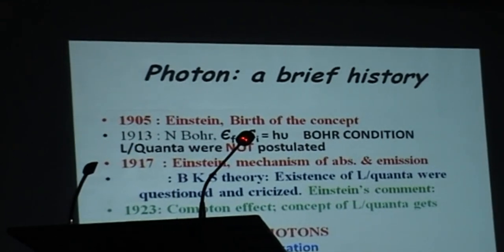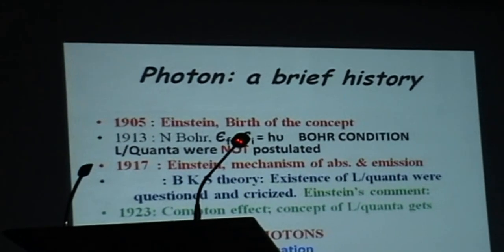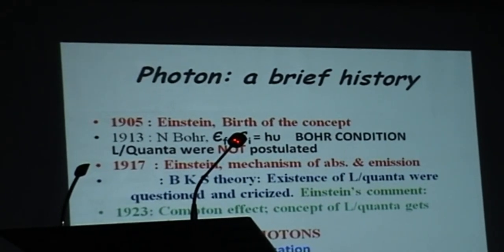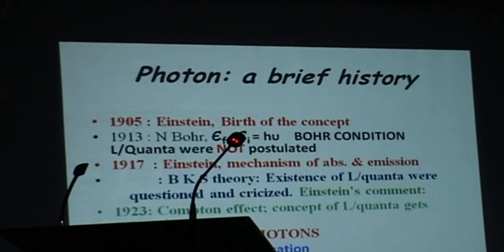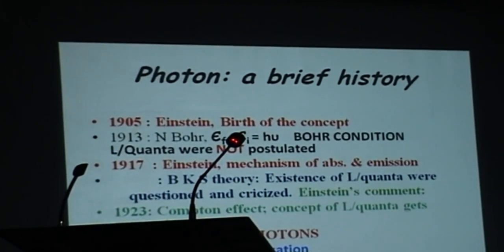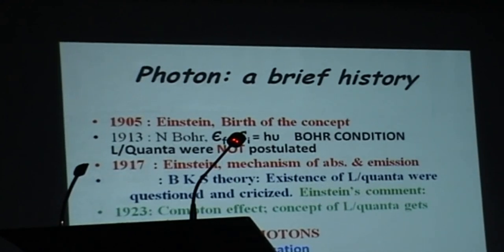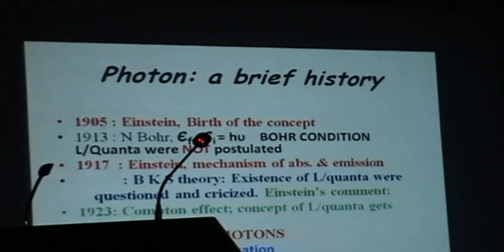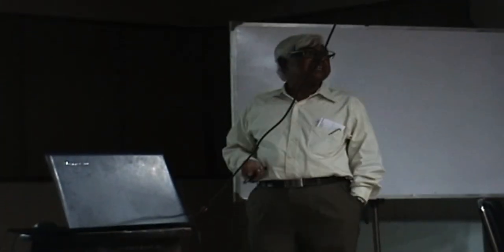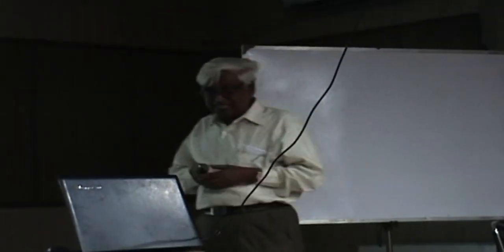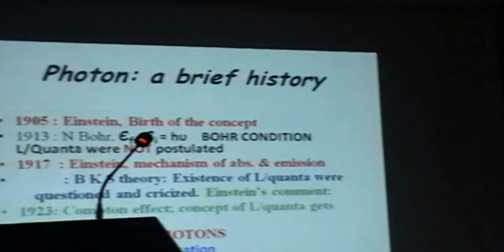So from 1905 to 1924 is a long journey. There was a period of belief and disbelief, then in 1923 it was proved definitely, and in 1924 it was named. We know now that photons have energy h nu and momentum h nu by c, and each photon is characterized by a state of polarization. This is resolved.